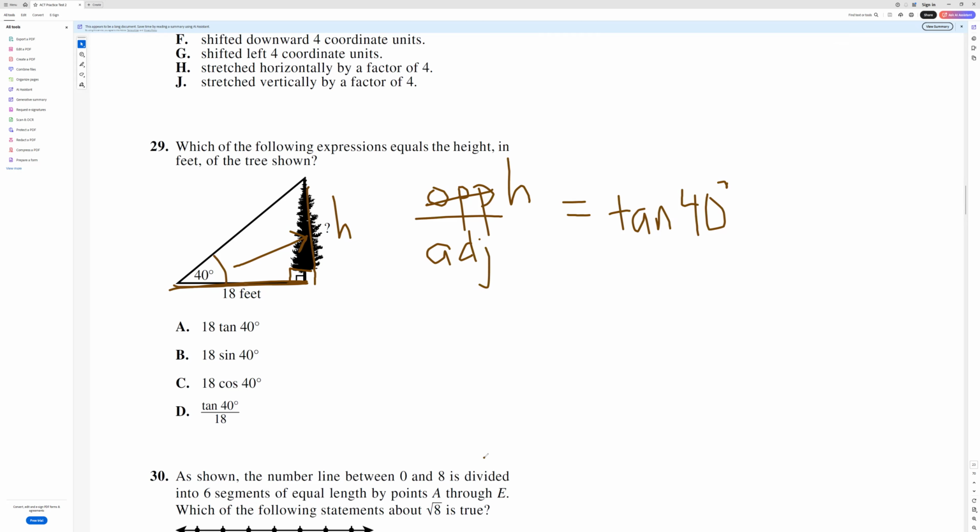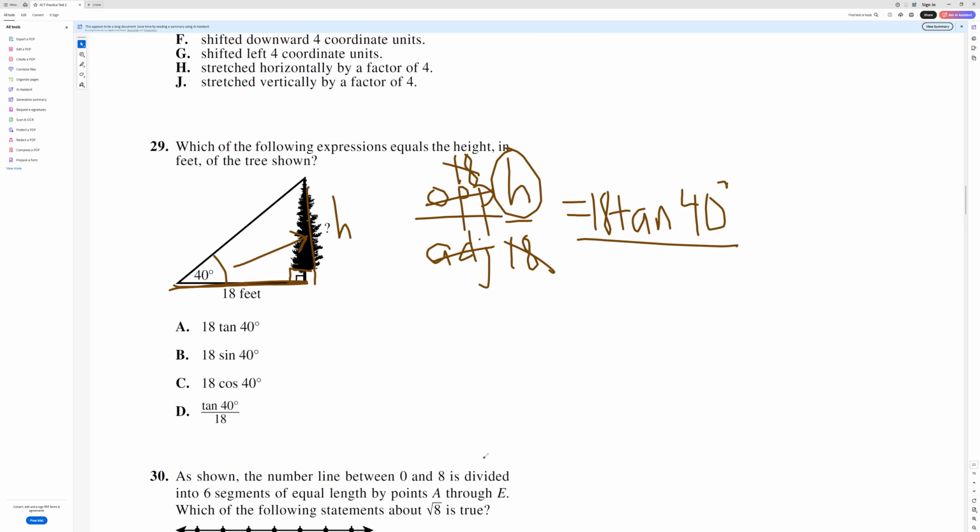So this could be h. The adjacent is 18. So we replace that, and h over 18 is equal to the tangent of 40. To solve for h, the height, I need to get rid of this denominator by multiplying times 18 on both sides. So that cancels, and I get h is equal to 18 times the tangent of 40.